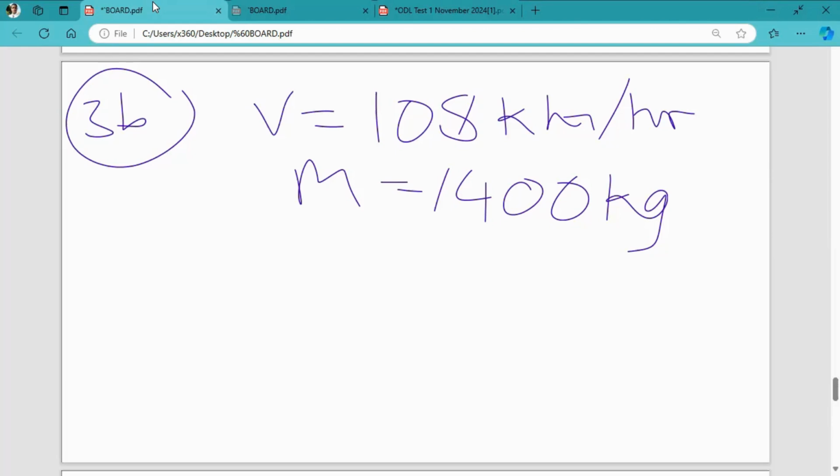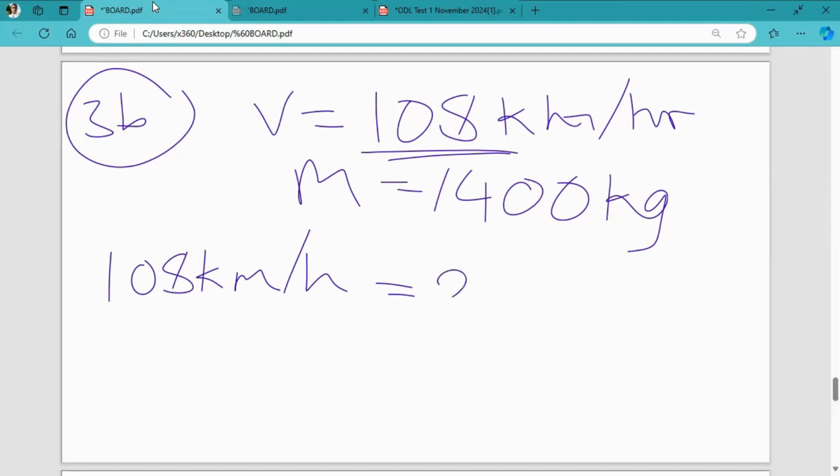To do that, first we have to convert the initial velocity into its SI unit, which is meters per second. 108 kilometers per hour is equal to 30 meters per second.